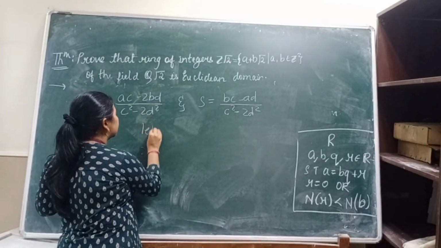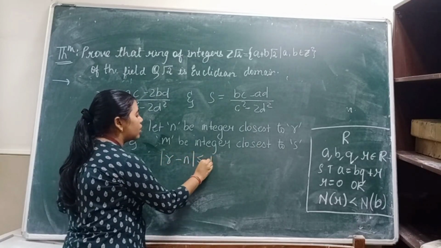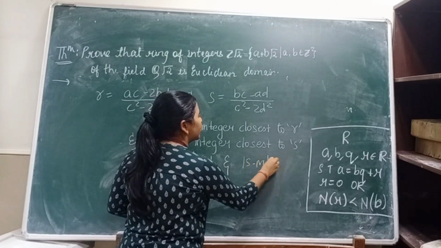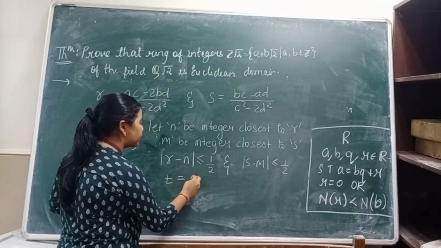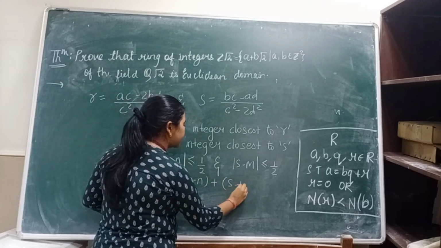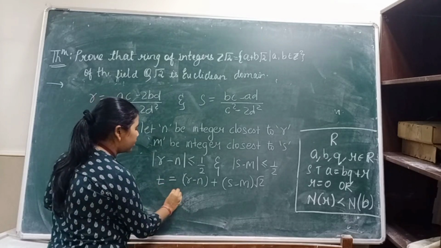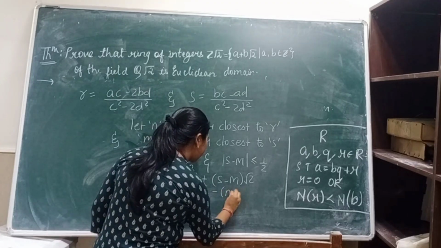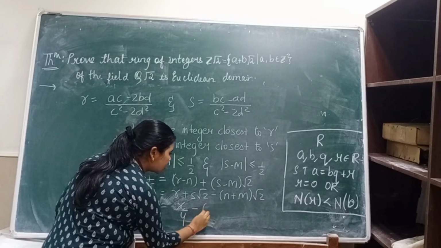Therefore |r − n| will be less than or equal to half, and |s − m| will be less than or equal to half. Therefore the element t is equal to (r − n) + (s − m)√2.